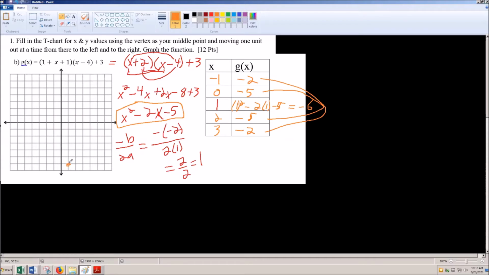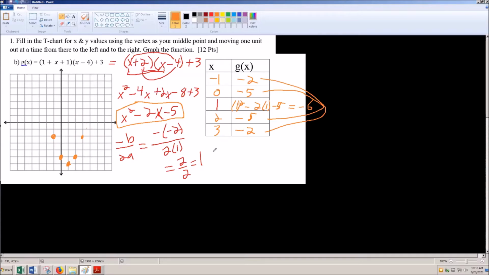Mr. Goldenberg. Yeah. When you plugged in for the g of x side, and you were plugging in 1 squared minus 2 times 1 minus 5 equals negative 6. Yep. What were you plugging in 1 for in that equation? The x value.